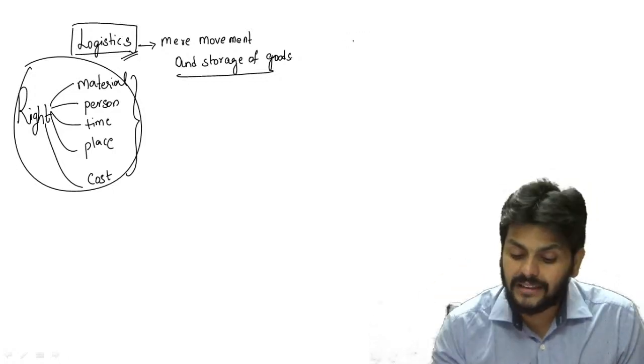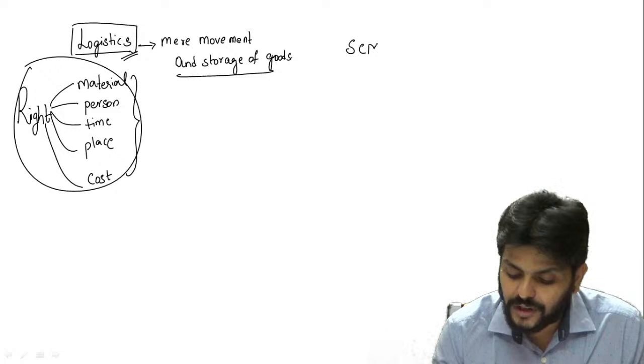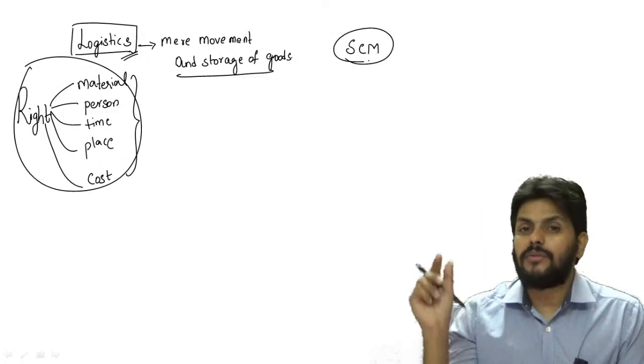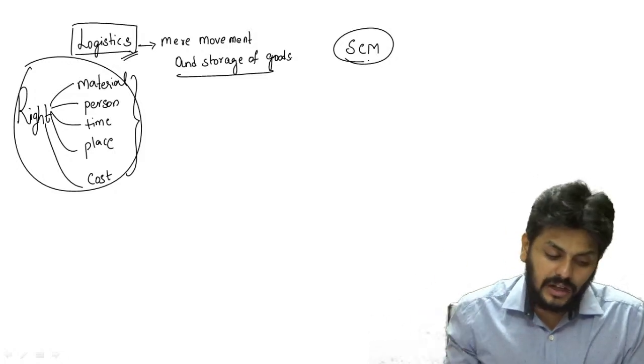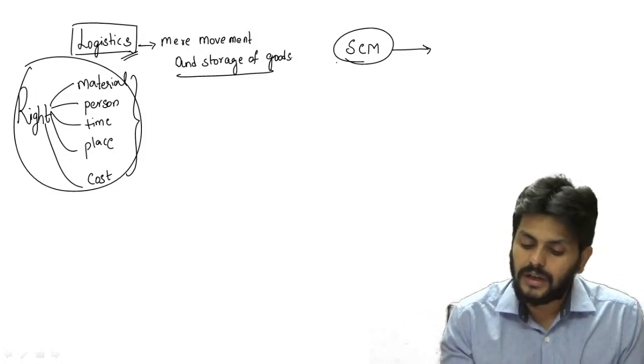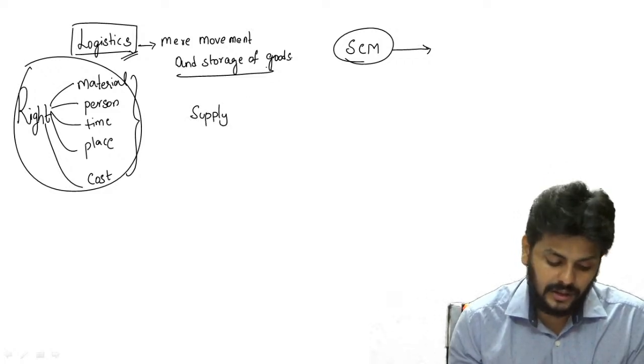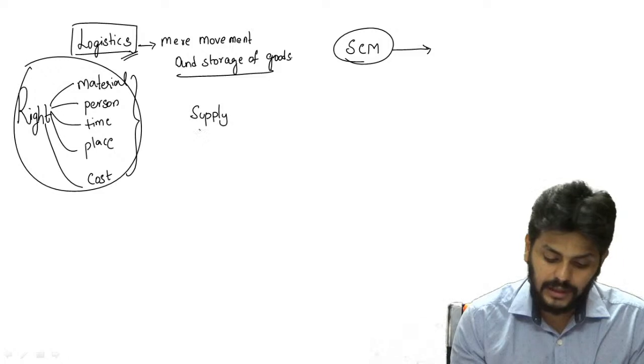While supply chain management, now first and foremost thing, you understand that supply chain is different from supply chain management. First let's talk about what is a supply chain. Many people don't understand this.